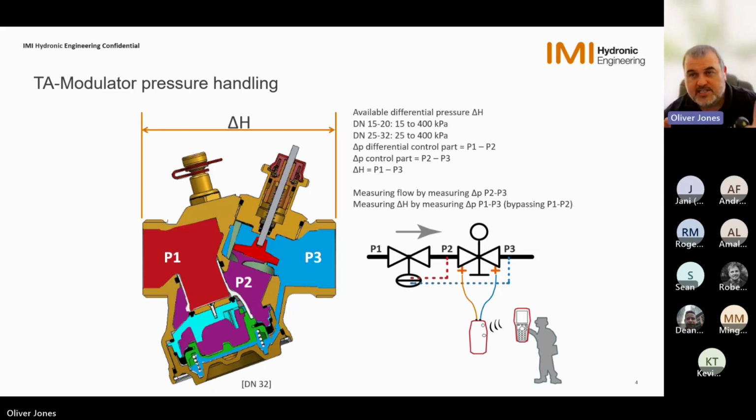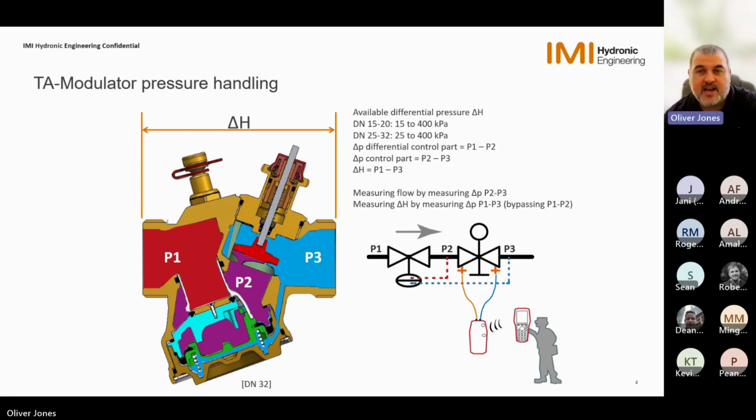Delta H, which is the amount of differential pressure, or the minimum amount of differential pressure we need to operate the valve, is from front to back of the valve, so effectively our P1 to P3 pressures. We can measure flow by plugging into our test points, our high pressure and low pressure test points, and we can measure P2 and P3 pressures across the control plug, and this will give us our calculated flow rate across the valve.